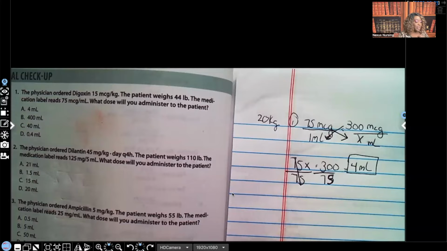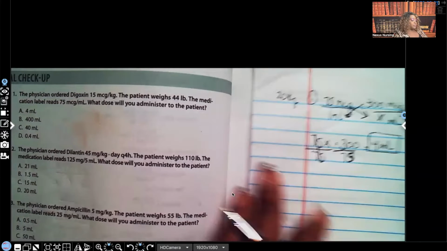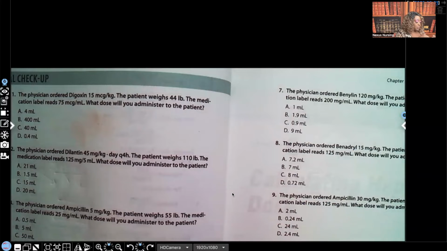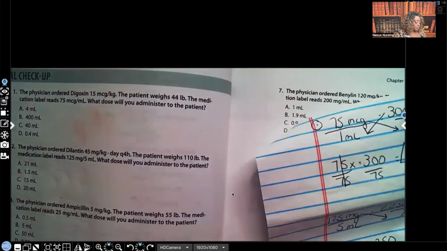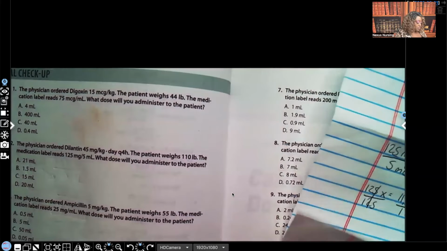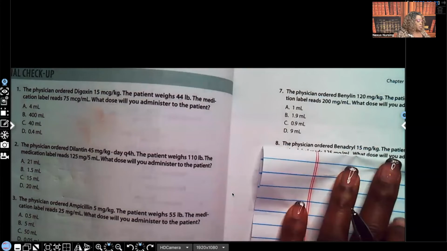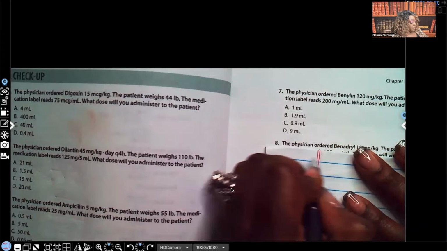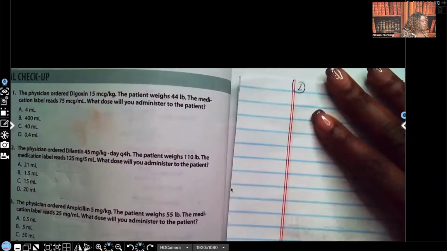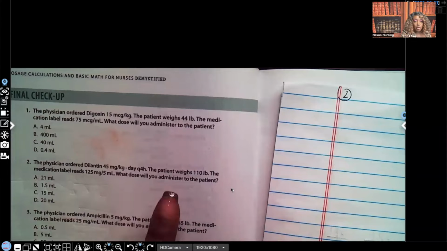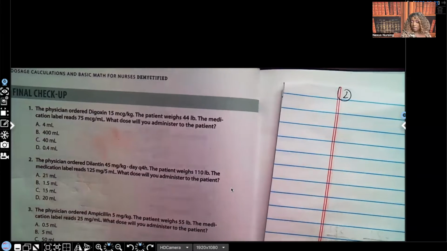So let's do the second problem. Let's flip this over. Okay, number 2. My paper's dirty, but don't worry about that.